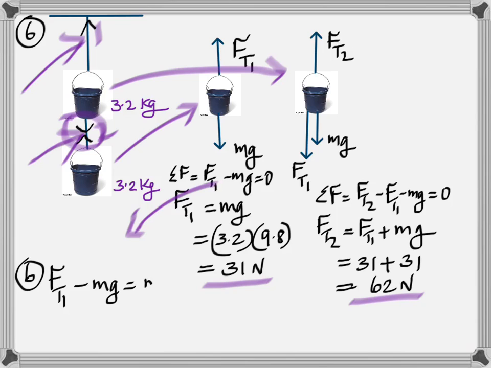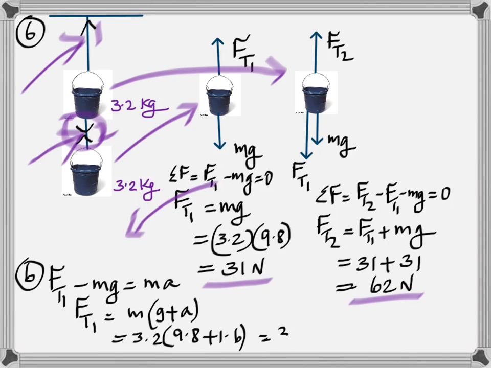In the B part, it has an acceleration upwards, and so therefore the tension is going to be even bigger because you're pulling it against gravity. And then the tension on the upper one.